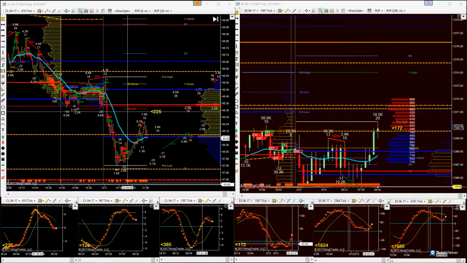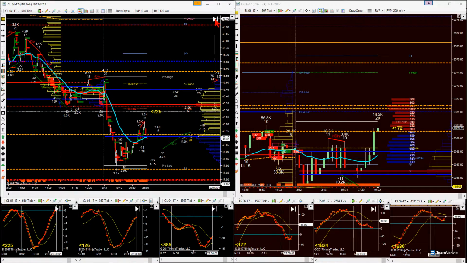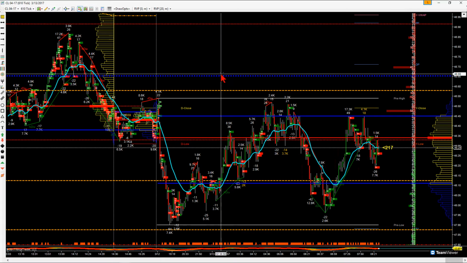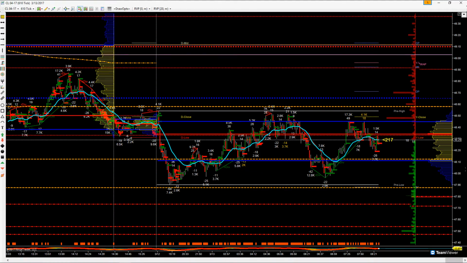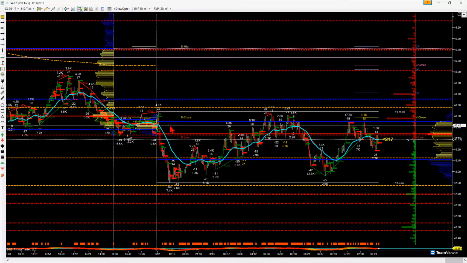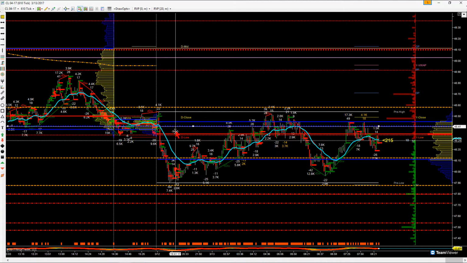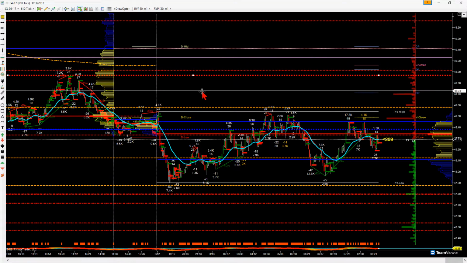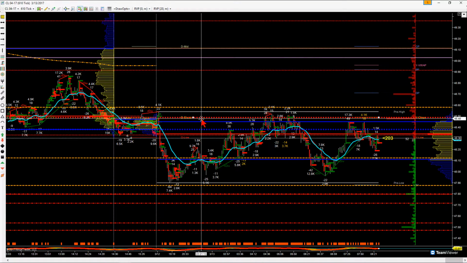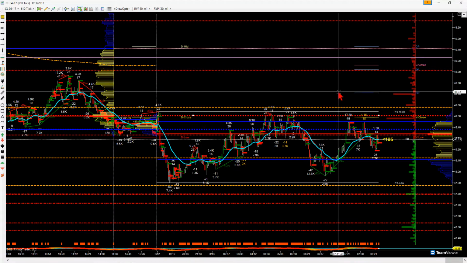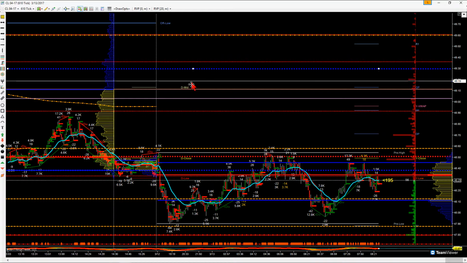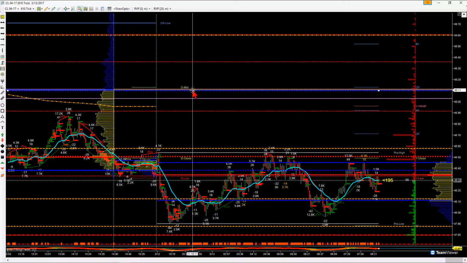All right, so let's take a look at getting our levels in place. So let's bring over slide down value area low to go to Friday's value area low, VPOC to Friday's VPOC, and value area high to Friday's value area high.